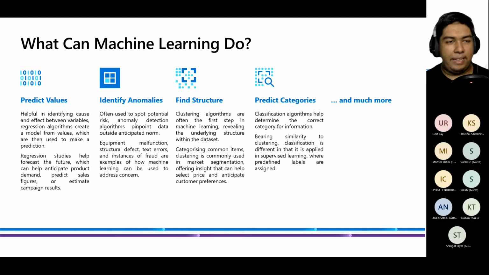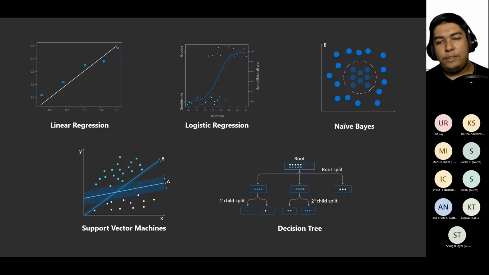So it is very flexible, and machine learning can do all of this, and this is again not an exhaustive list. It can do much more. And how does it do everything? It uses mathematical models, let us just say that. There are different machine learning algorithms out there which use different types of mathematical models. There are a lot of equations, there is a lot of linear algebra out there.